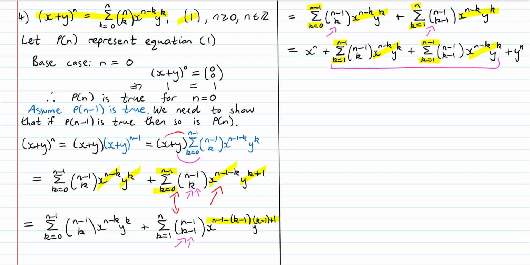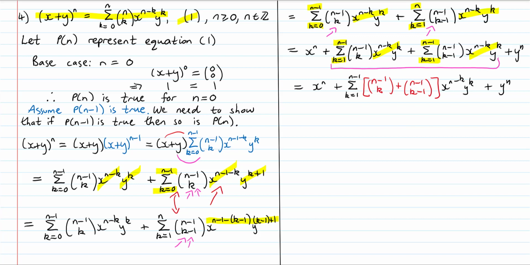What we're going to get is x to the power of n plus our sum going from k equals 1 up to n minus 1, and then we have n minus 1 choose k plus n minus 1 choose k minus 1, and that is multiplied by our x to the n minus k times y to the k. Then outside our summation we have our y to the n, so plus y to the n.